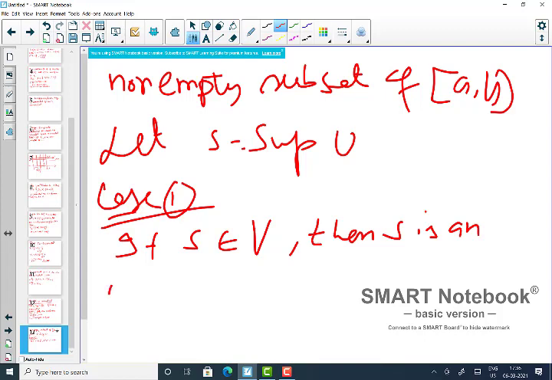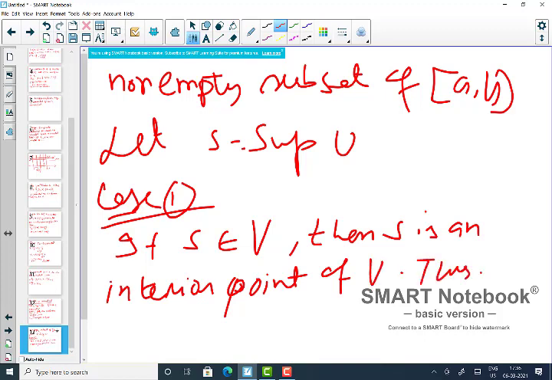Thus there is an open interval containing S, which is totally inside V, right?